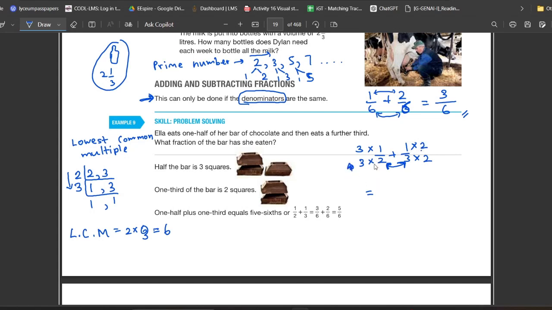Now we can write 3 times 1 is 3 over 6 plus 1 times 2 is 2 over 6. Now we can add these. So numerators added, we get 5 over 6, the denominator doesn't change. So that's the answer.